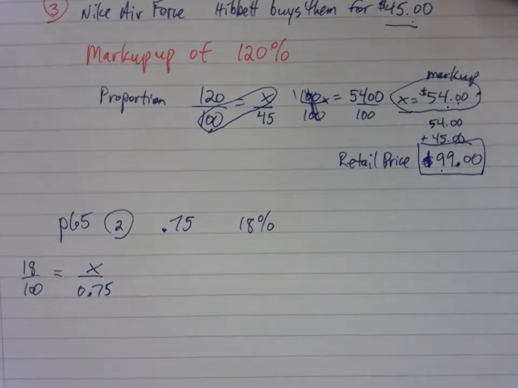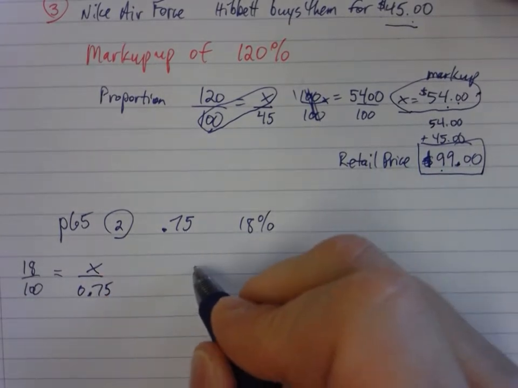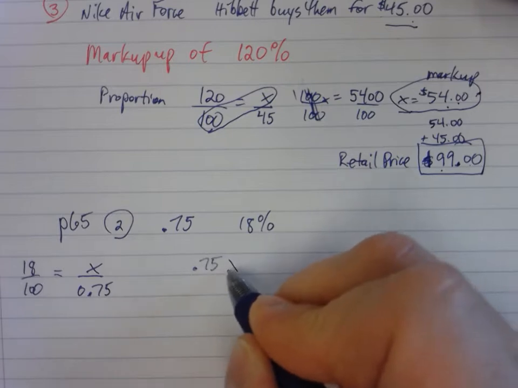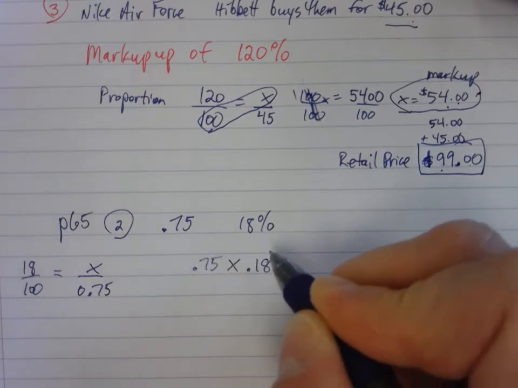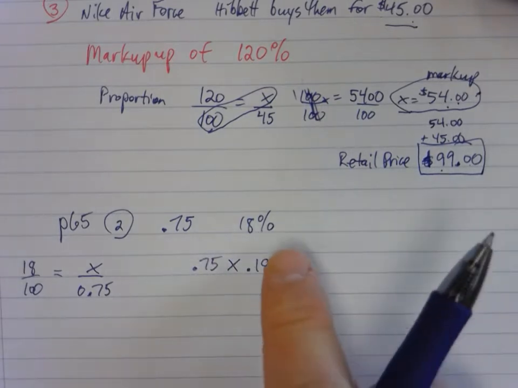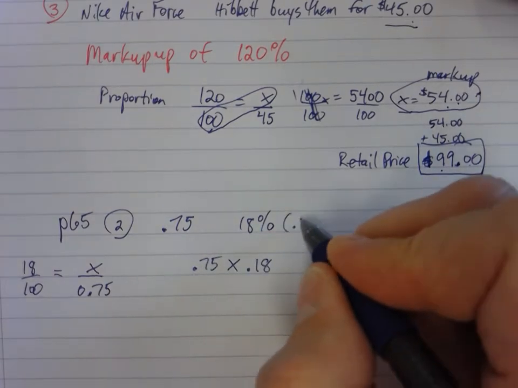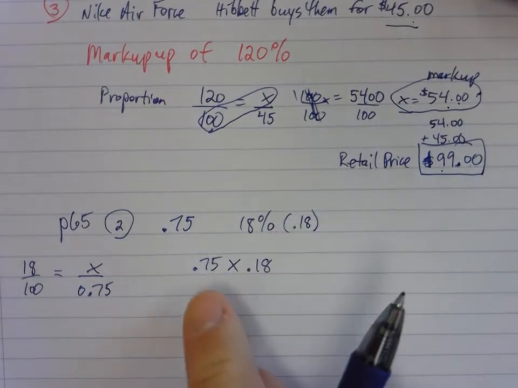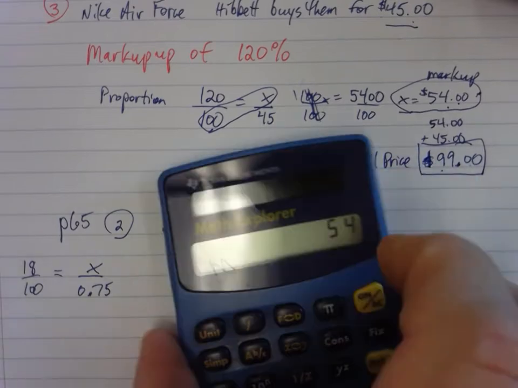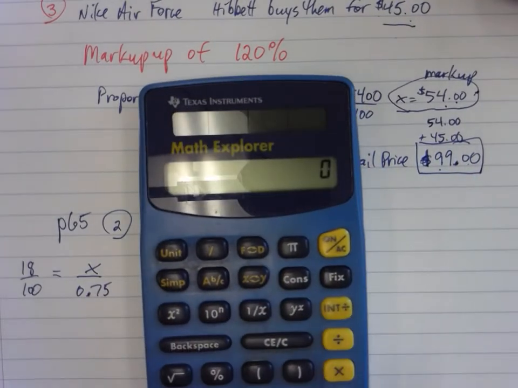Now another way you can do it is 0.75 times 0.18. I'm going to change that to a decimal. 18%, if you change it to a decimal, is 0.18. So 0.75 times 0.18 can also give it to me. So 75 cents for the apple, 0.18 is the 18%.